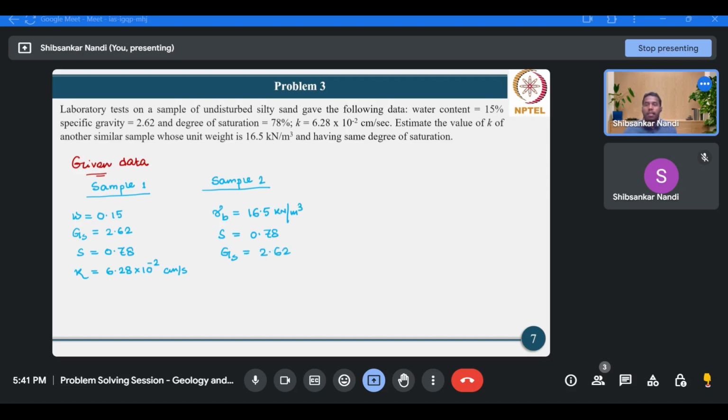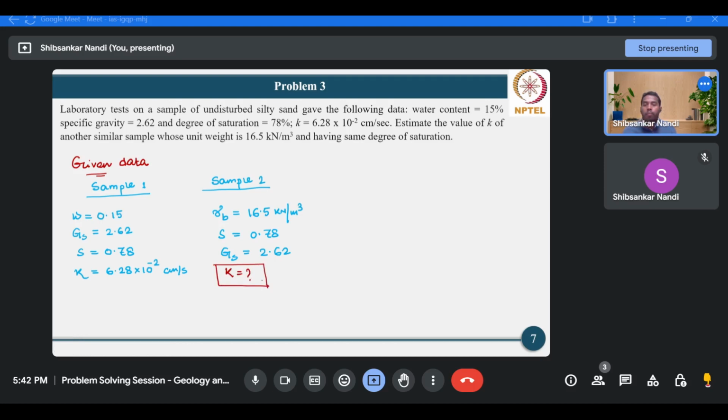It's a similar sample, so the specific gravity of soil solids you can take as the value for sample 1. Now what do we have to determine? We have to determine the K value for the second sample, whereas the K value for the first sample is given.